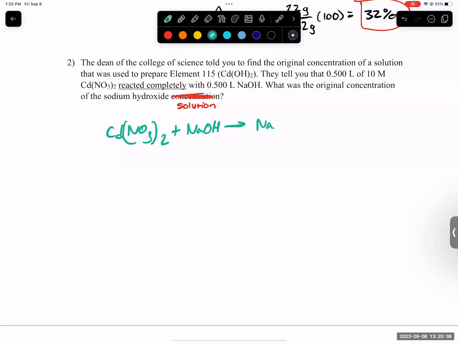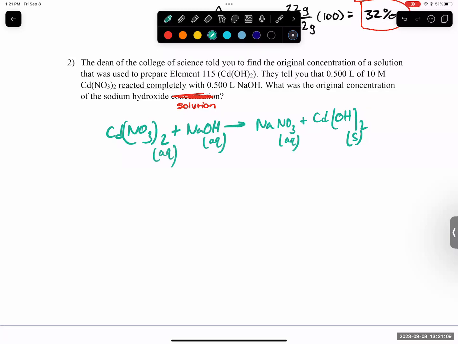Sodium nitrate and cadmium hydroxide. Is cadmium hydroxide soluble or insoluble? Yeah, because OH minus is normally insoluble. Cadmium isn't an exception, so solid, aqueous, and aqueous.